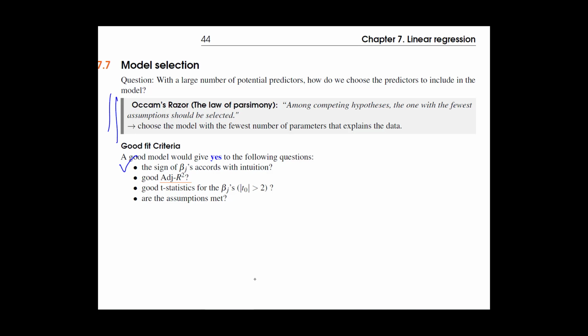Next step is you want a good adjusted R square. The closer to 1 the better. Then you want good t-stats for all your betas, and you want to make sure that all your assumptions are met in the model. Okay, so that's our checklist that we should check for every model, and then choose the best one.